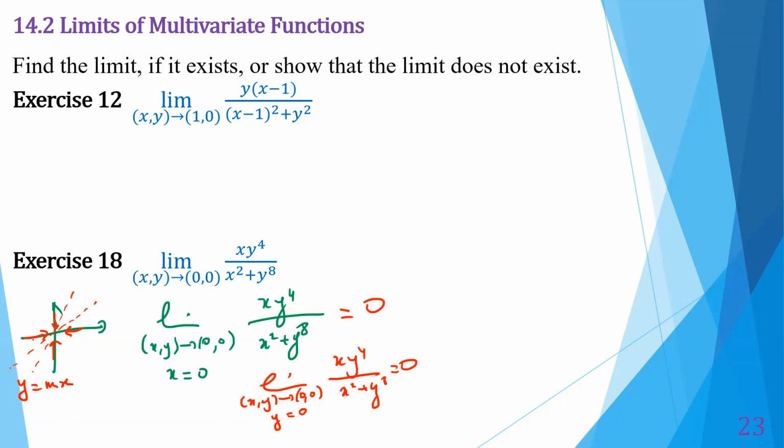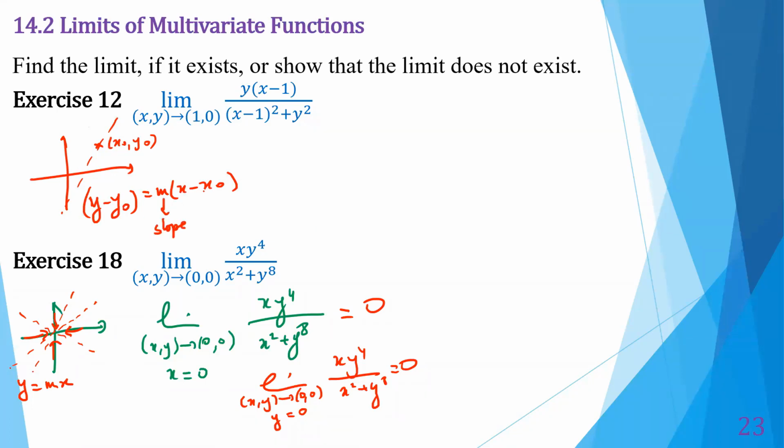We change the slope; what matters is that it passes through the origin. I remind you that the equation of a line passing through a point (x0, y0) can be written with the general formula y minus y0 equals m times (x minus x0). m is the slope of the line, and x0 and y0 is a point on this line.